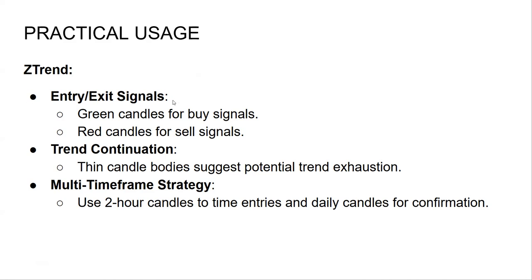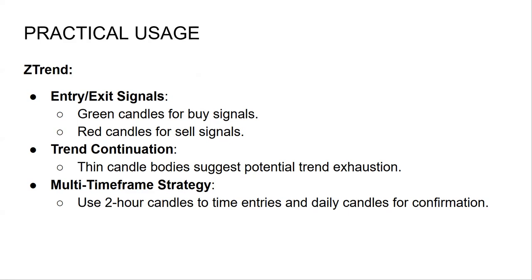Second point is trend continuation. Thin candle bodies suggest potential trend exhaustion. And the third thing is the multi-time frame strategy you can build. For that, you can use 2-hour candles to time entries and daily candles for continuation.